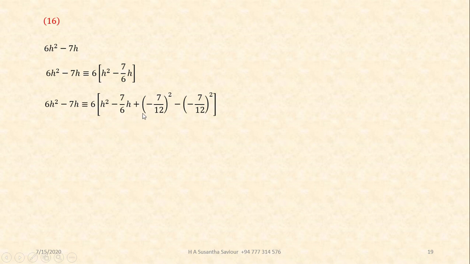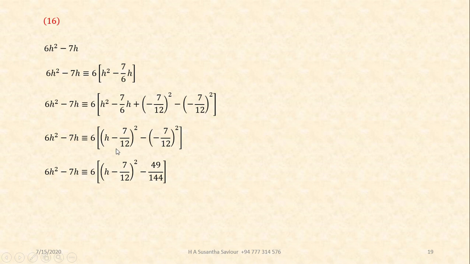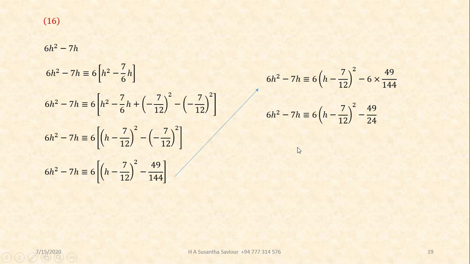Then you square it, add and subtract. There is no constant term to be carried here. So this is the complete square form. Then you multiply this 6 into this, 6 times this one and 6 times this one. So finally, this is the outcome. This is the complete square form of this one.